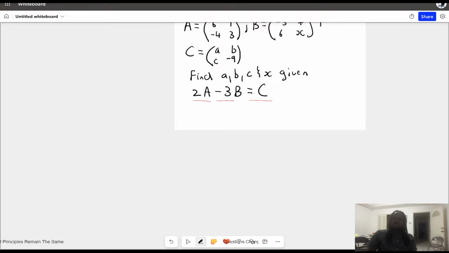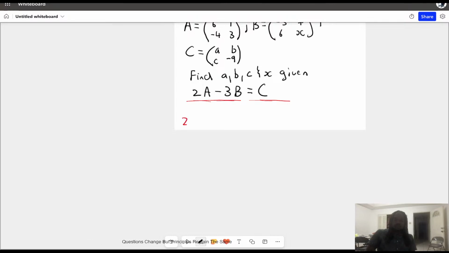So what you do is work out everything on the left hand side, work out everything on the right hand side if there's anything to work out over there, and then the two answers are going to have the same orders. Once the orders are the same, you just make the corresponding elements equal.